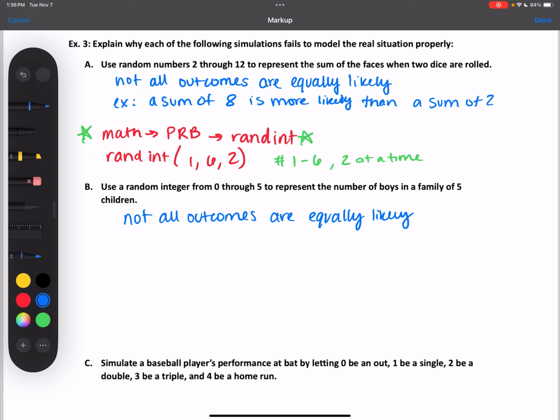For example, all boys is less likely than 3 boys and 2 girls.